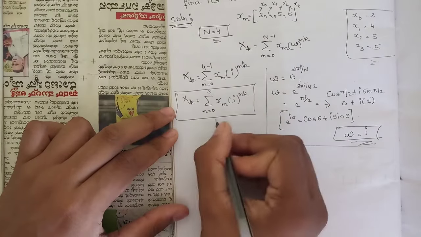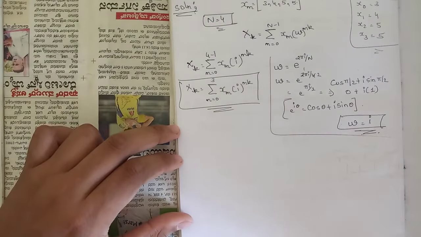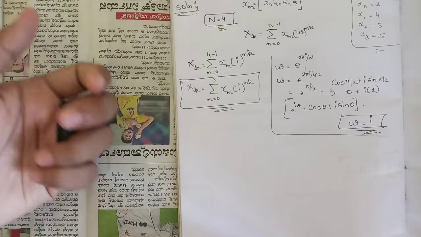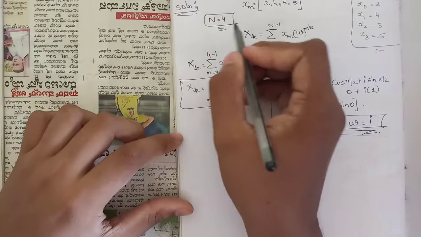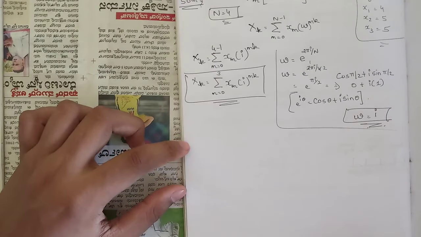So this is our general equation. Now in this we need to put the values k as 0, 1, 2, 3 to find the discrete Fourier transform, okay? Since there are 4 values given, we need to substitute the value of k 4 times, starting from 0.